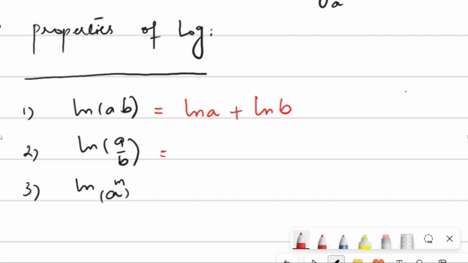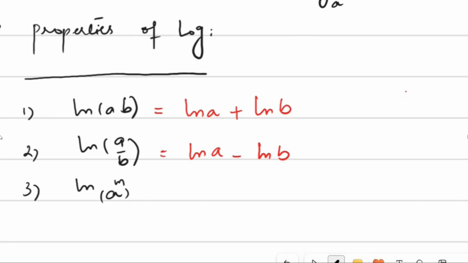And when ln is applied to a by b, the division will be converted into negative: ln a minus ln b. And if we have ln of a raised to the power m, then this power comes out in front of ln a.